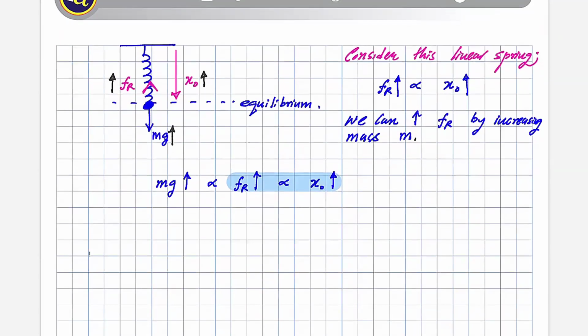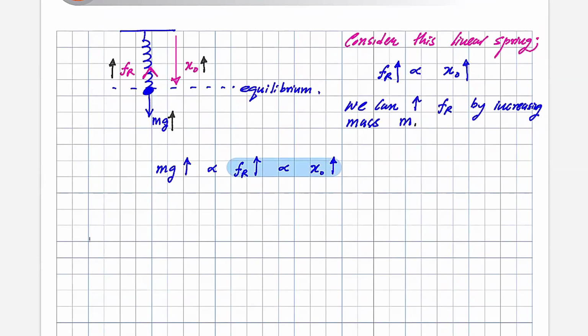Now let's go to math. In math, if you have F is proportional to A, you know Newton's second law, where A means acceleration. You can convert this proportionality to an equality.